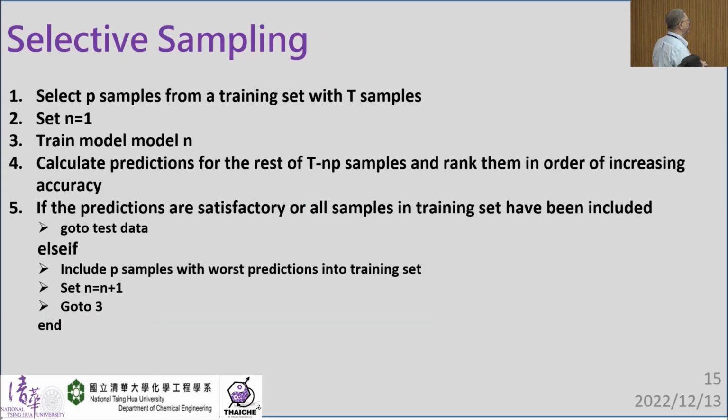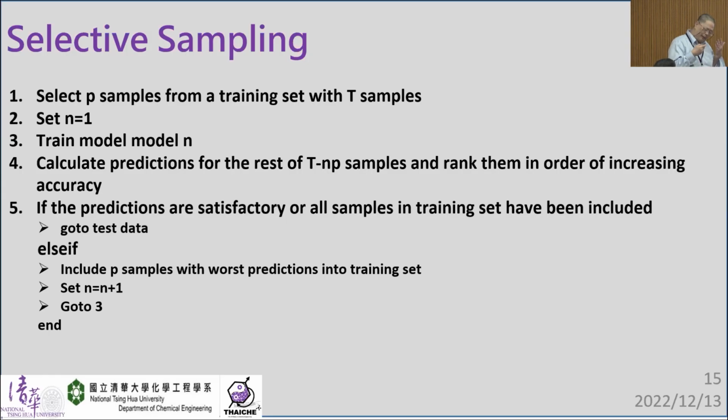And also, we use a technique called selective sampling when we train a model. Instead of training on the whole batch of training data, we train on only a part of the training data, and then check whether the model can predict the other parts of the training data.